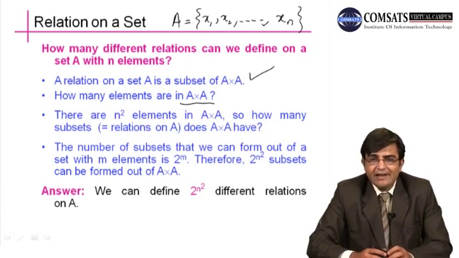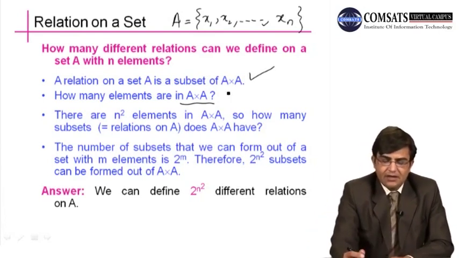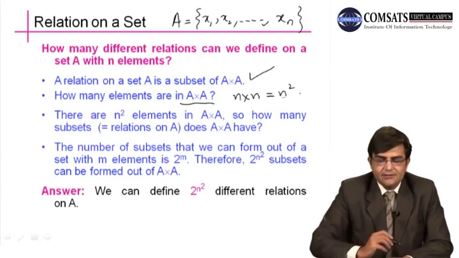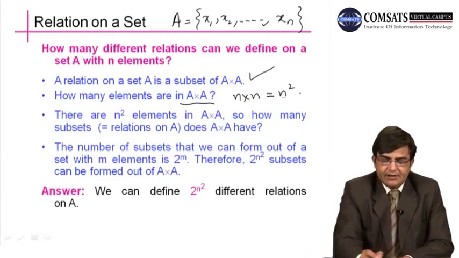Obviously we have n into n, because A has n elements, this A has n elements, so A cross A has n cross n elements, which is n square elements. There are n square elements in A cross A.